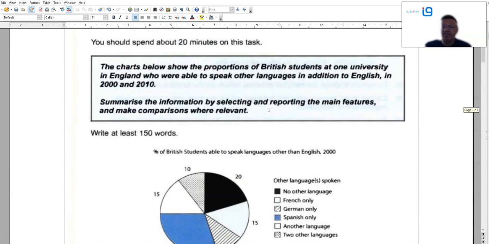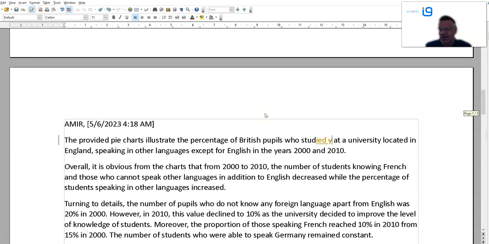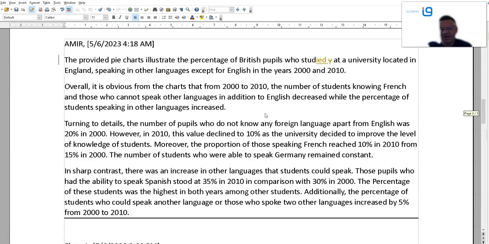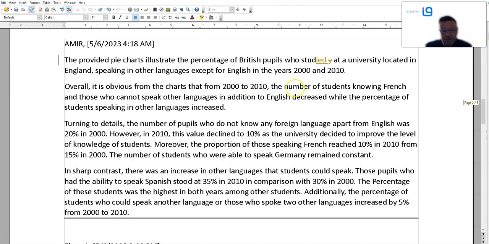Well, England is not Britain, so it says British students, but still you can use that. At a university located in England, they just say an English university. You could say that.